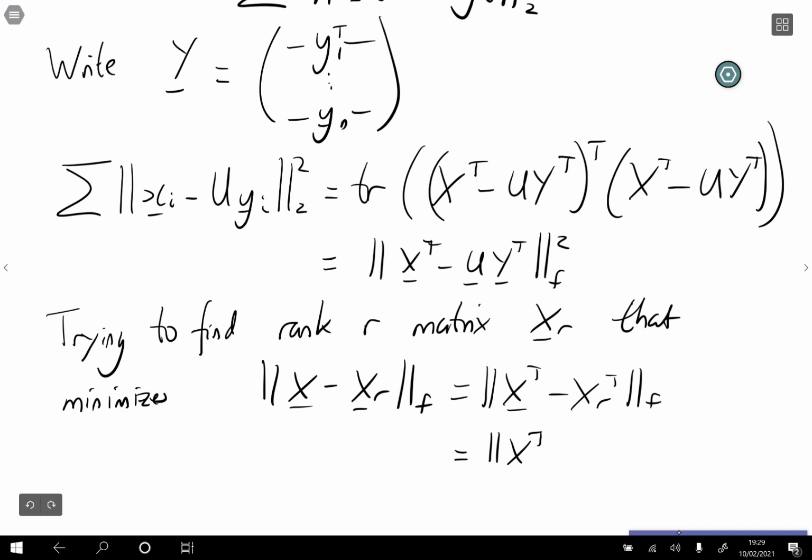Is of the form U Y transposed for some U and some Y. That's XR.